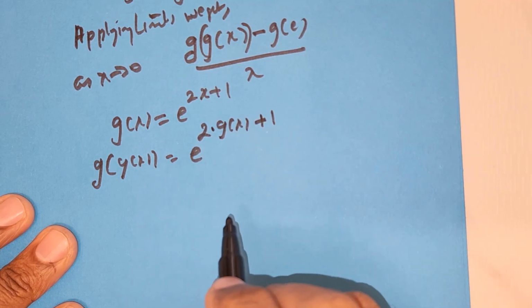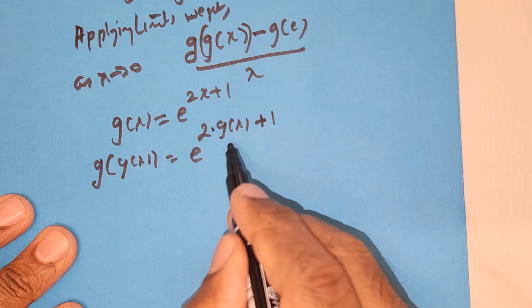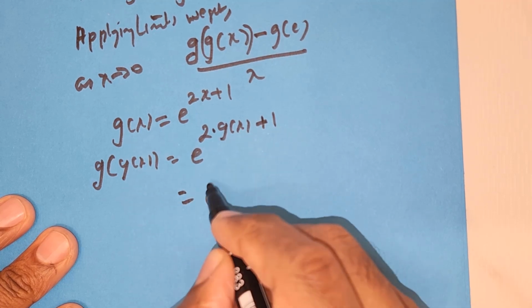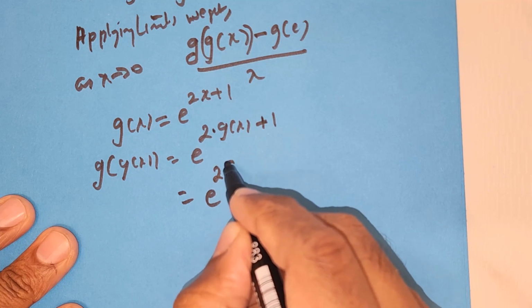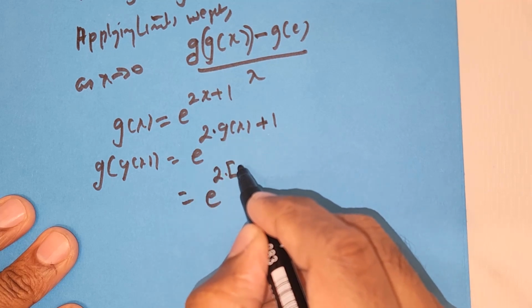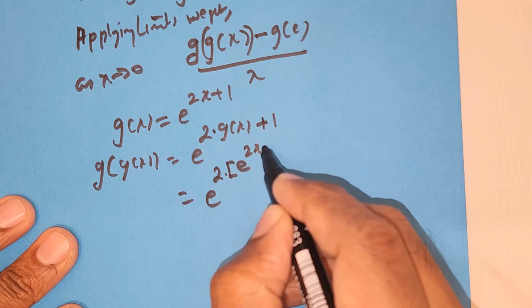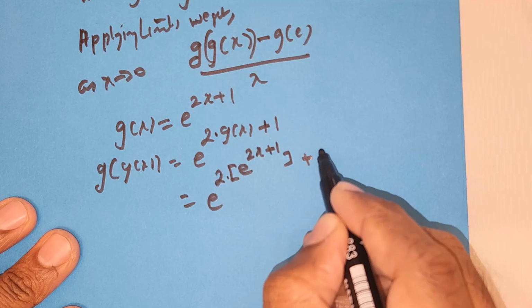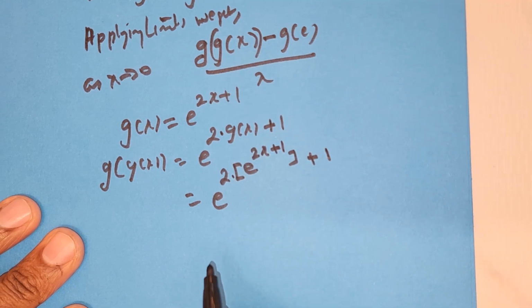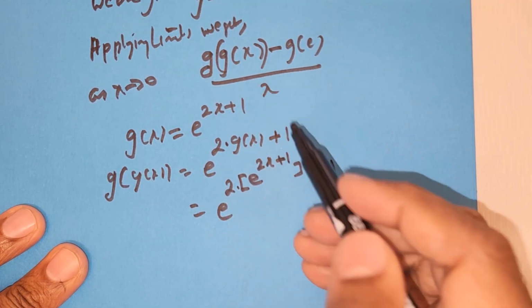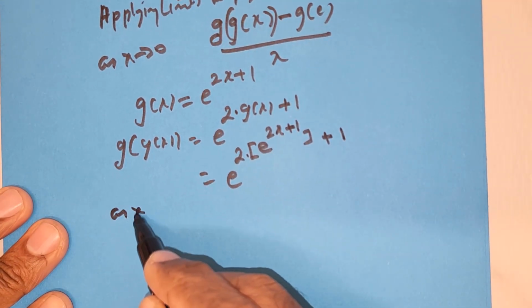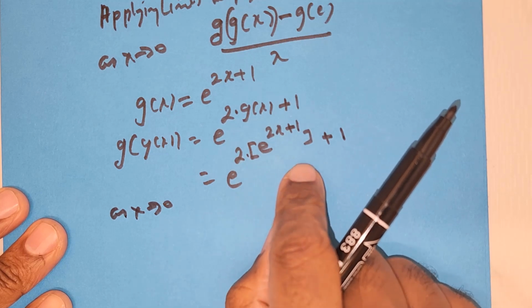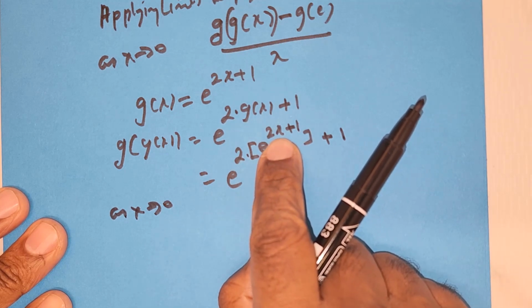Now what is actually g of g of x? It's going to be equal to e raised to the power of 2 times g of x, which is e raised to the power of 2x plus 1, and you have a plus 1 there. Now we have to apply the limits. So as x is tending towards 0, you substitute the value of 0 here.